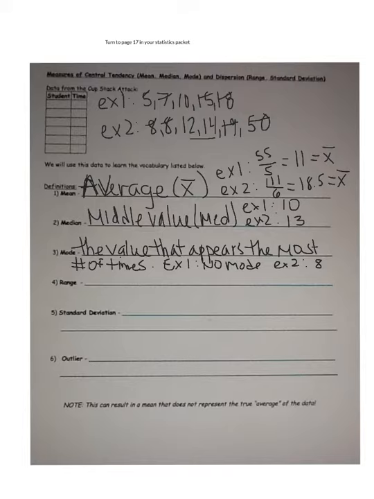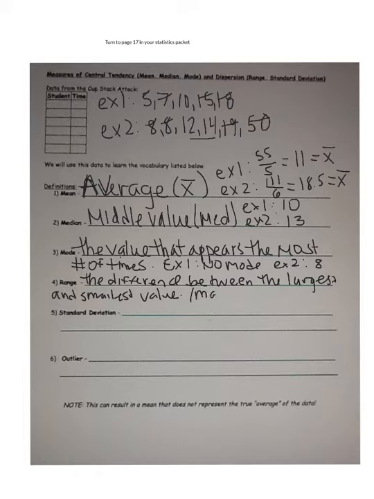Okay, the fourth one we have is the range. The range is the difference between the largest and the smallest value. So I'll give you a few minutes to copy this one down. So for this one, we think about the maximum number minus the minimum number.